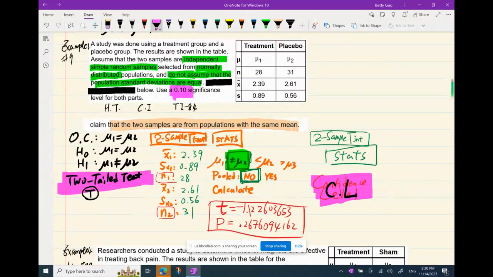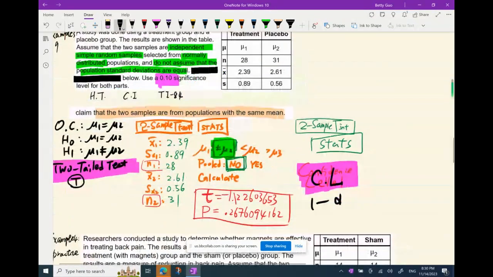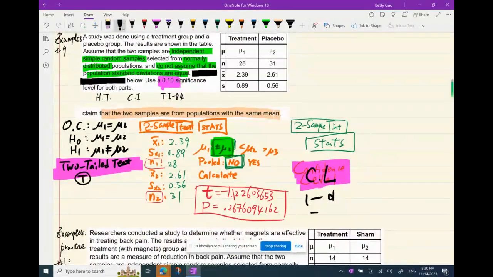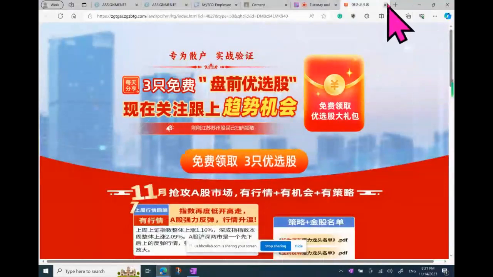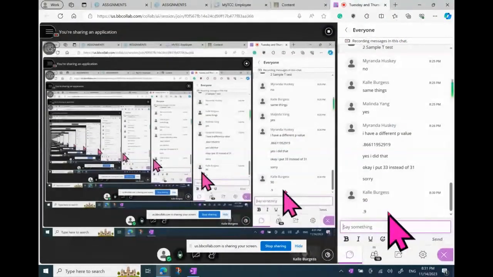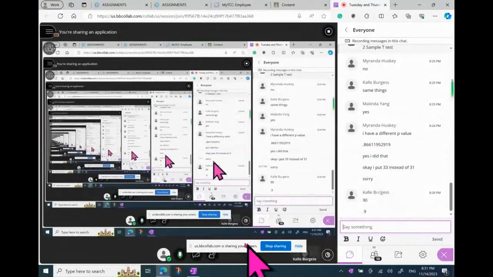What about the confidence level? This time it is 1 minus alpha, 90%. Confidence level is 90%, 0.9 or 90%. Very good.